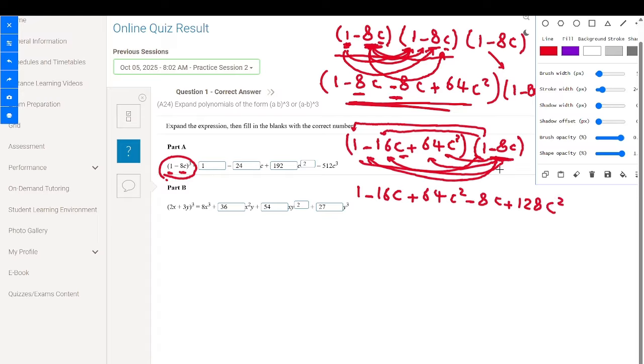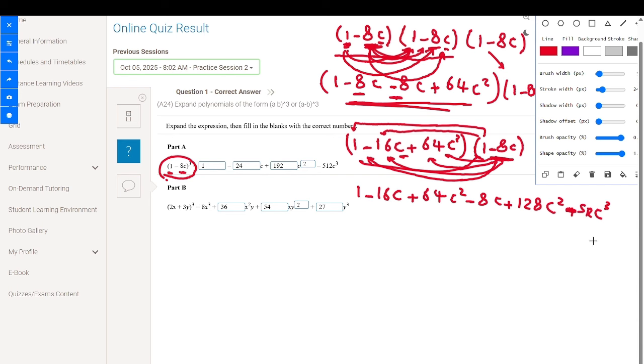Then minus 8c multiply 64c squared. So c multiply c squared will be c to the power of 3, and minus 8 multiply positive 64 will be minus 512.